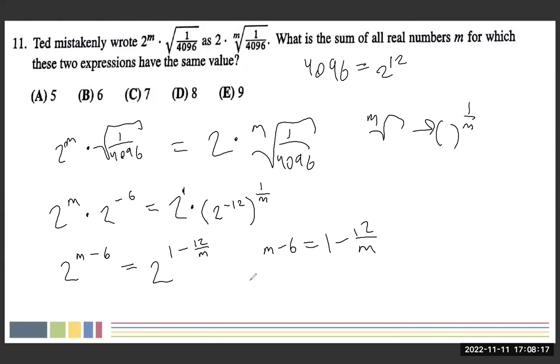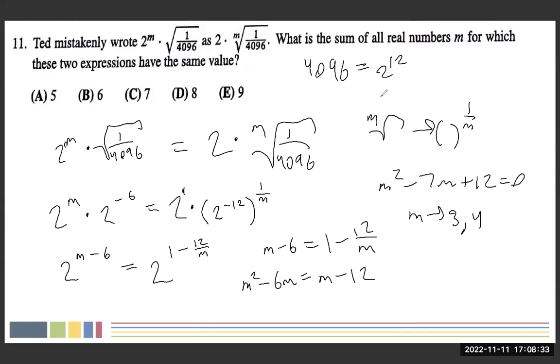And now this is just a quadratic we can solve. We just multiply both sides by m. Therefore, m can be either 3 or 4. And the sum of all the numbers m for which these two expressions have the same value is 3 plus 4 is 7.